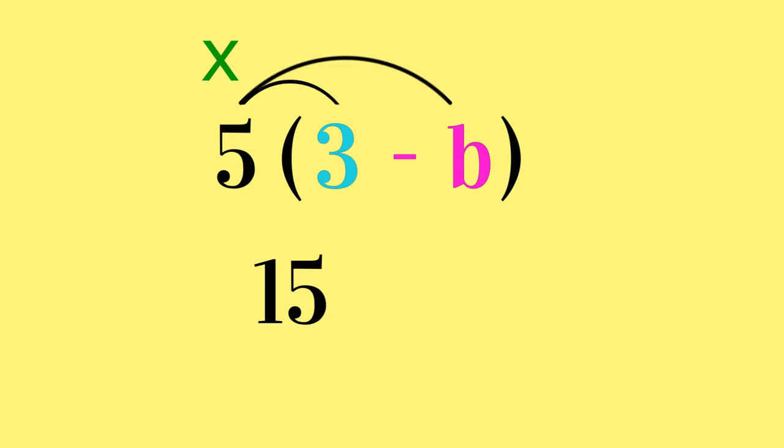You must be careful with subtraction signs, as these create negative numbers. 5 multiplied by negative b is negative 5b. So this gives us the final expression of 15 - 5b.